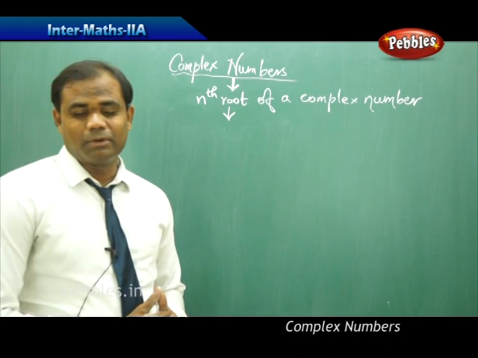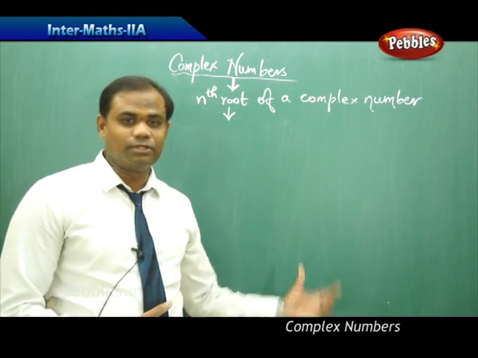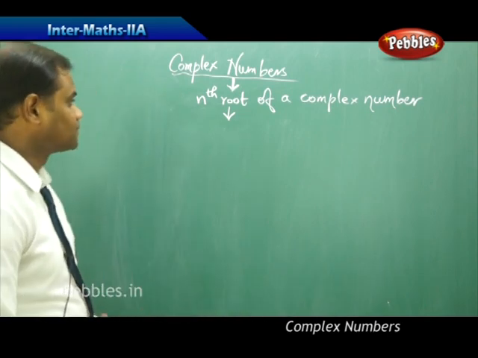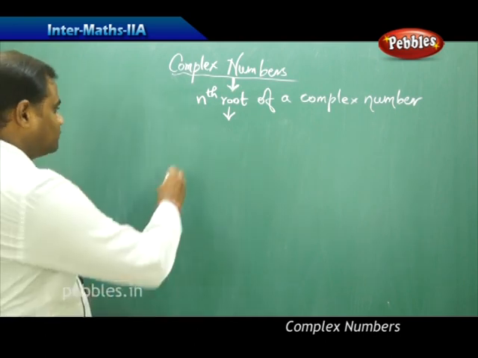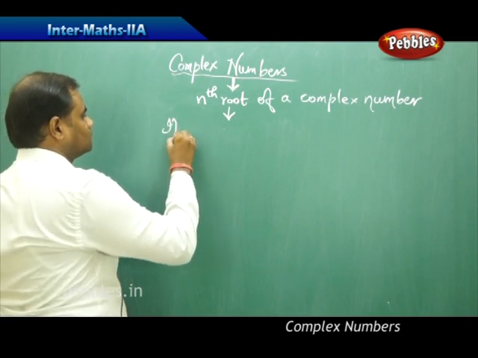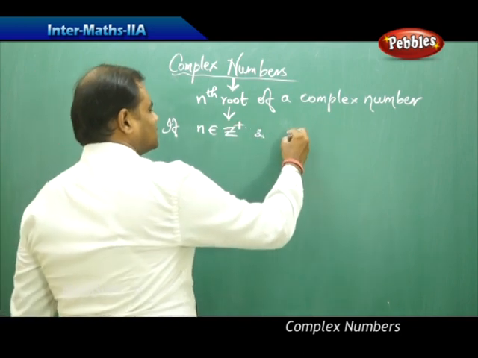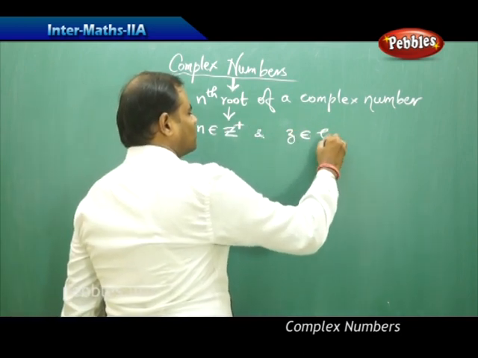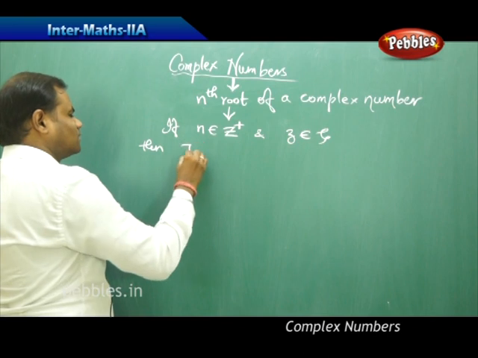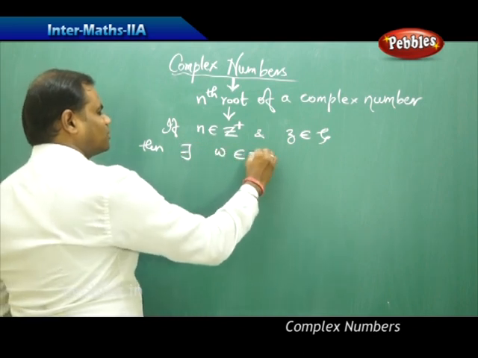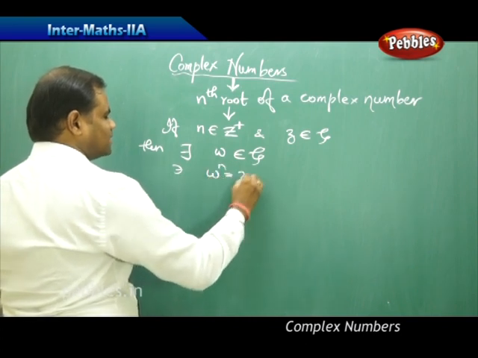So now that we have discussed the square root of a complex number and its method of finding the square root of a complex number using the previous method of the session, we'll see how the nth root of a complex number is equally defined. Say for example, if n is a positive integer and z is a complex number, then there exists w belonging to complex numbers such that w power n is z.